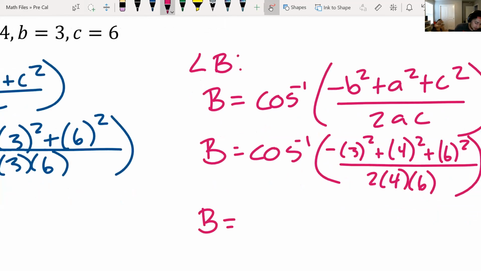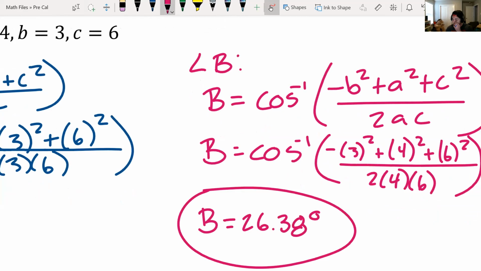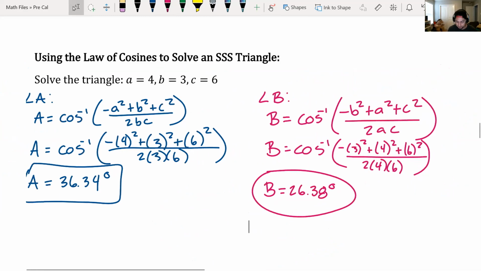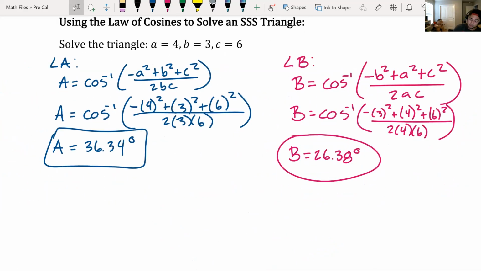All right. Second, inverse cosine, negative 3 squared plus 4 squared plus 6 squared over 2 times 4 times 6. We get that B is 26.38 degrees. Okay. Last one, find C. That one's the easiest, right?